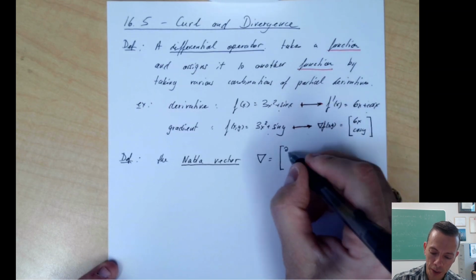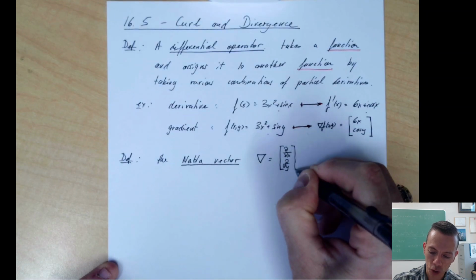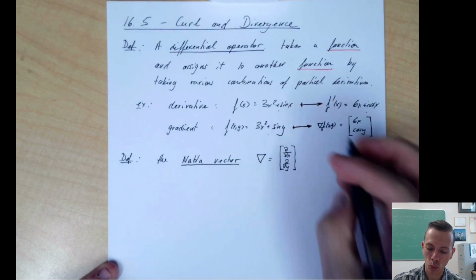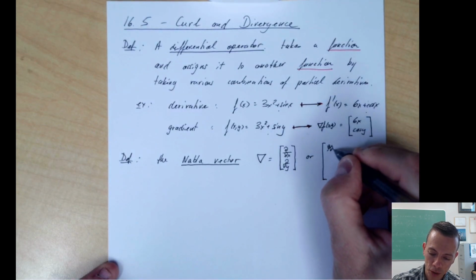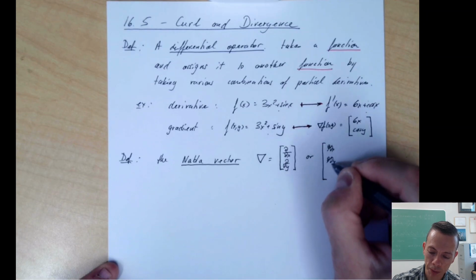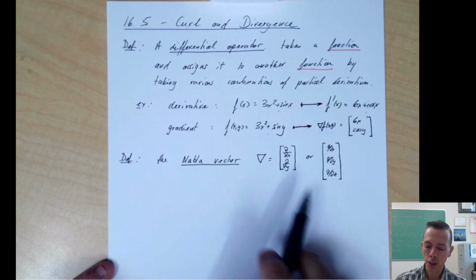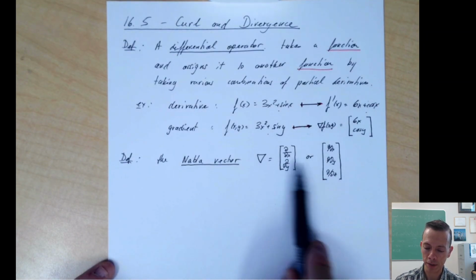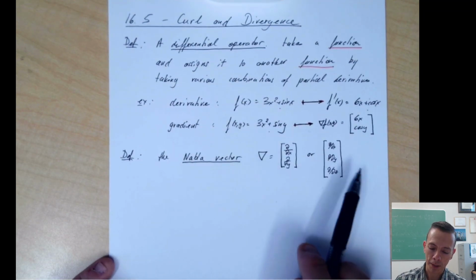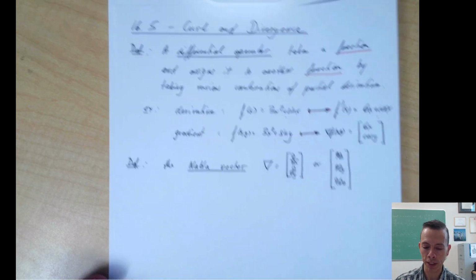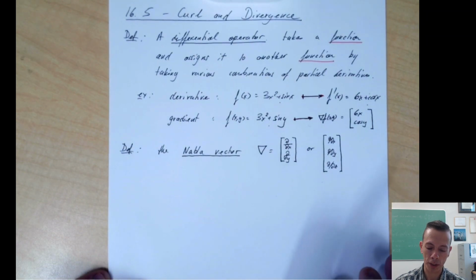There's two of them: the one in 2 dimensions, partial with respect to x and partial with respect to y, or equivalently in 3 dimensions a 3-dimensional vector, partial with respect to x, partial with respect to y, partial with respect to z. So it's not a real vector because these are not numbers, these are just symbols for different operations. But this nabla vector can be used very conveniently to define several of these differential operators.